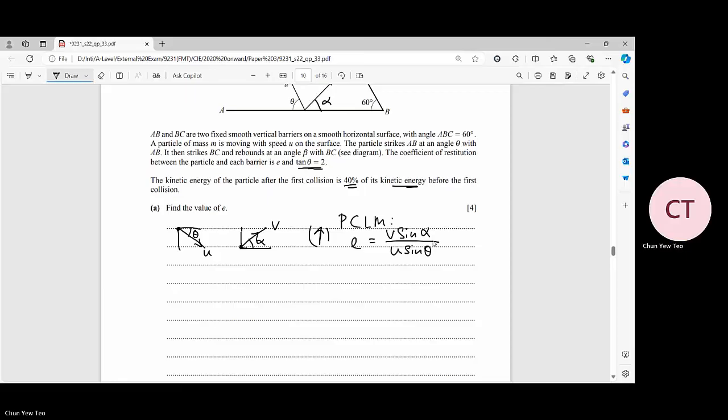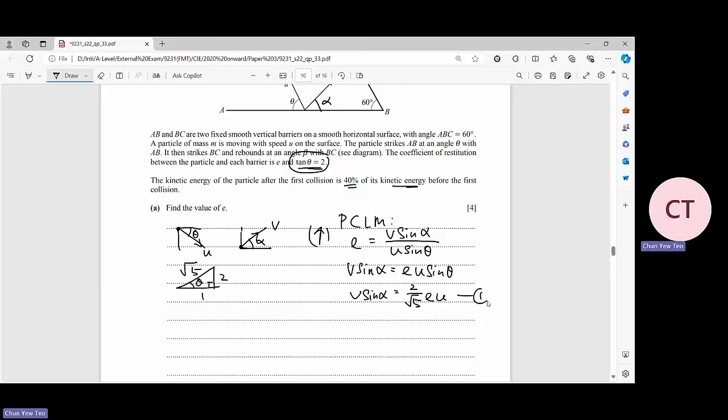Okay, so this is what we are having, and you will get v sine alpha equals e u sine theta. But because the question gives you tan theta is 2, you can build a small triangle here, 2, 1, and this is root 5. That means you can write this one as 2 over root 5 e u.